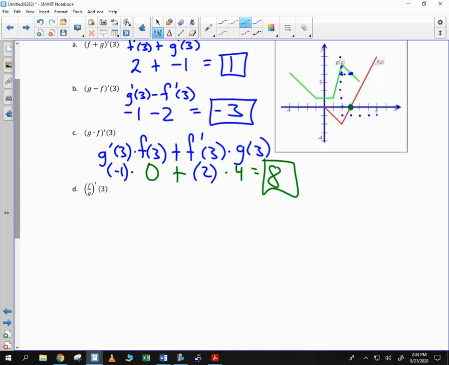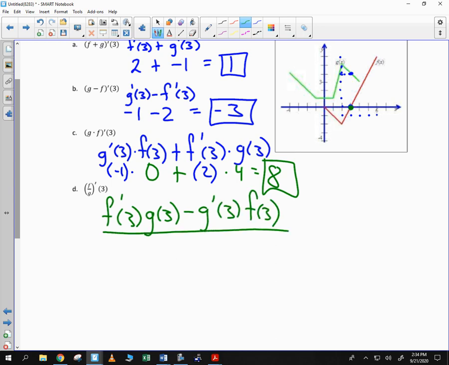Finally, we have the quotient rule. We'll do f prime of 3 times g of 3 minus g prime of 3 times f of 3, all over g of 3 squared. F prime of 3 we've determined to be 2. G of 3 we've determined to be 4.